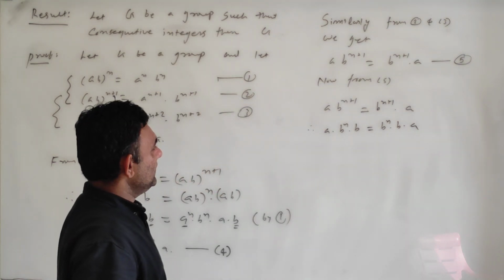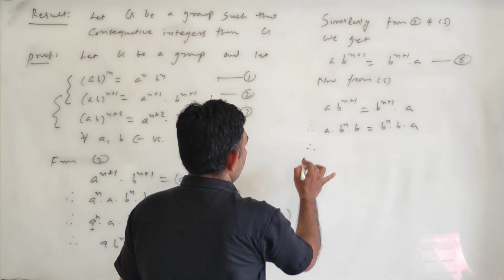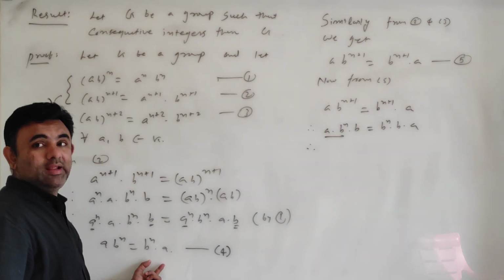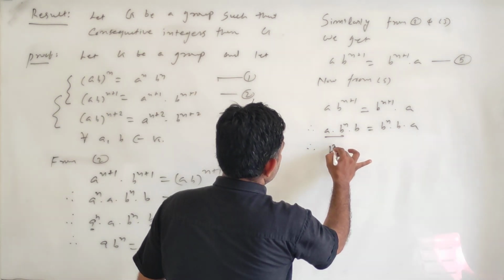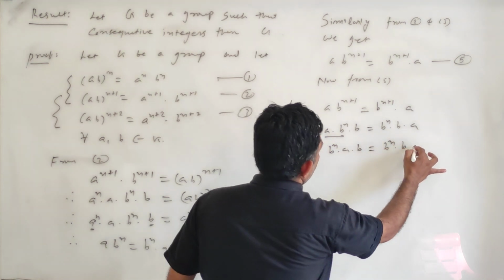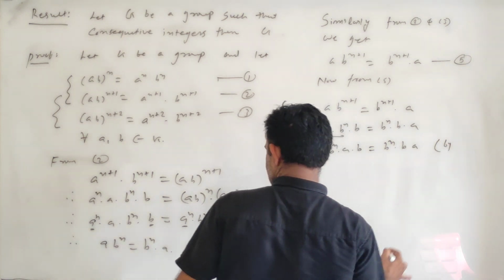Now ab raised to n is b raised to n a, so this is b raised to n into a into b is equal to b raised to n into b into a. This is by 4.